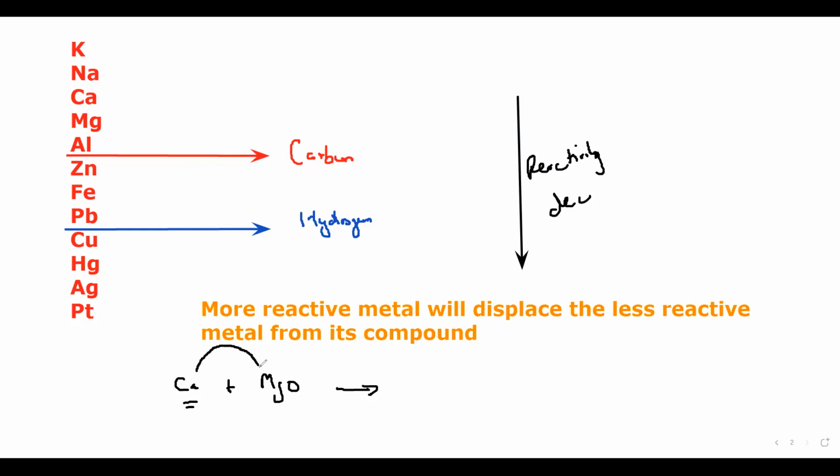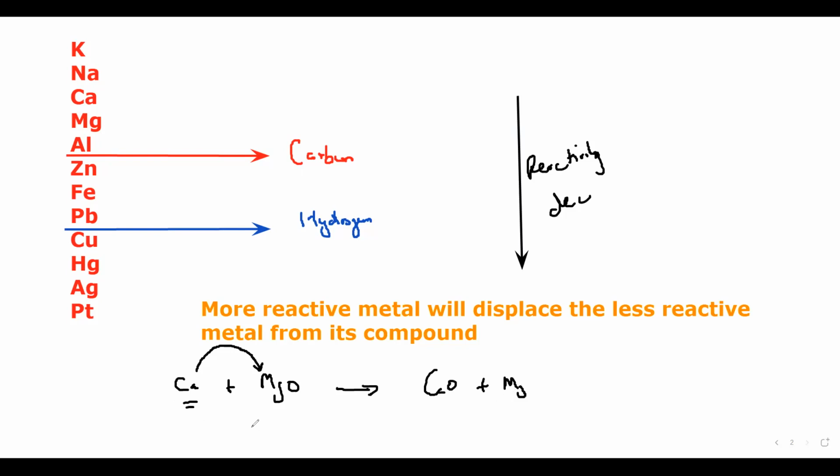So it can displace or knock out the metal, and the metal will knock out the metal, and the non-metal will knock out the non-metal, because calcium is a metal. So it will displace the metal, and as a result, what will it form? It will form calcium oxide. Magnesium is knocked out or removed. So it will form calcium oxide plus magnesium.